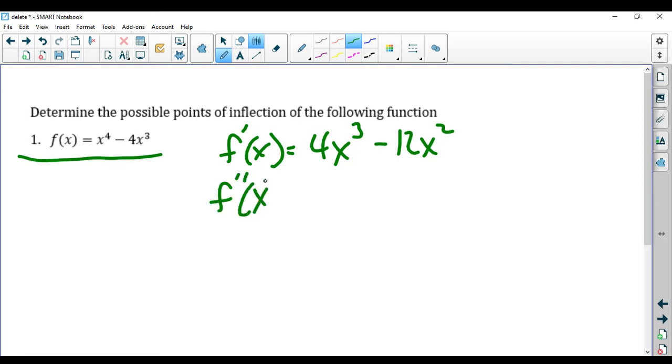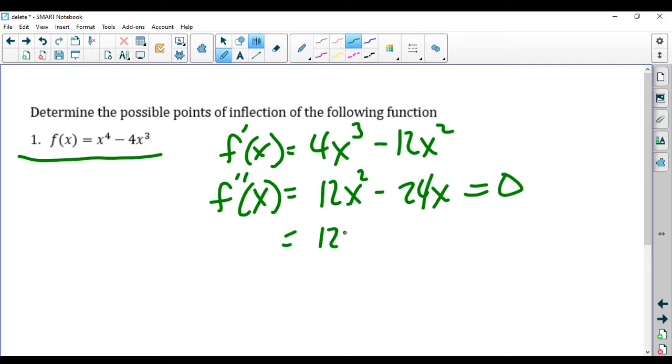Keep going to get the second derivative, 12x squared minus 24x. Find out where that equals 0. Factor it. Factor out 12x. And then you'll get x equals 0 and x equals 2.